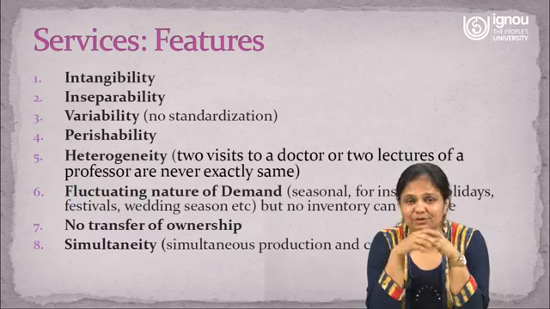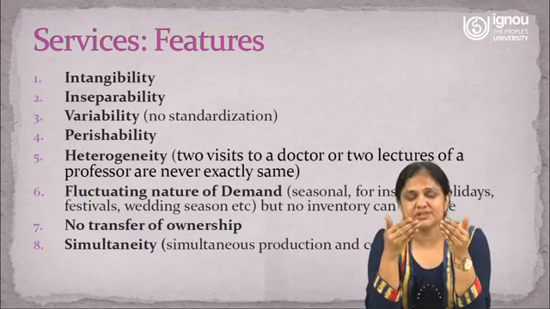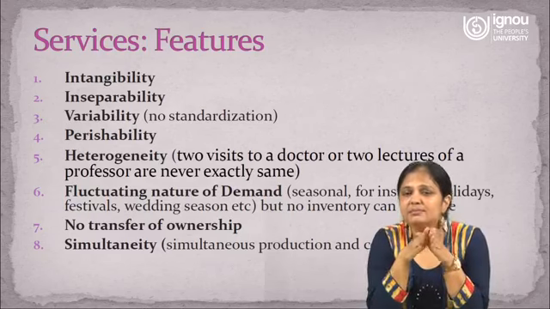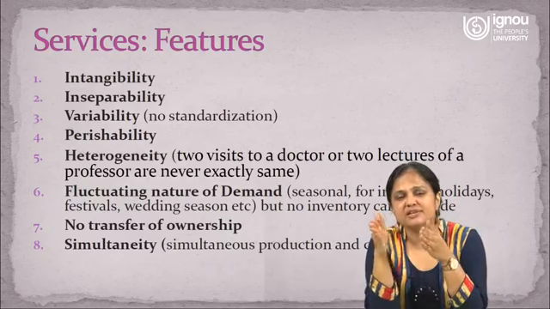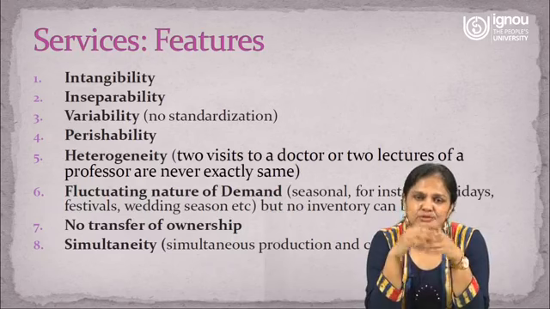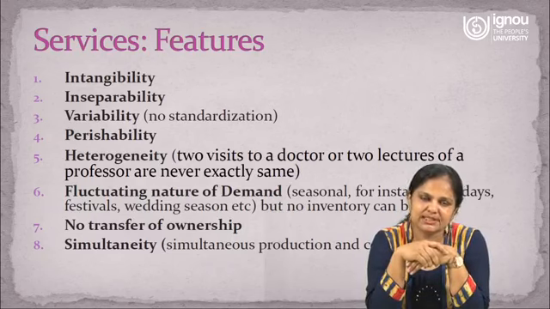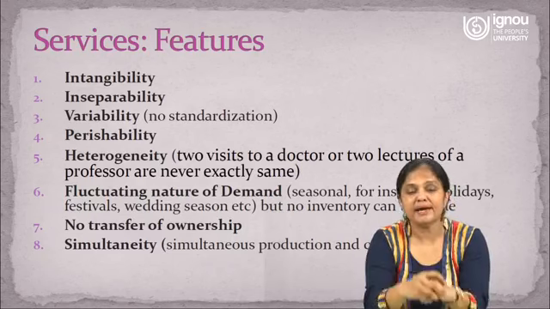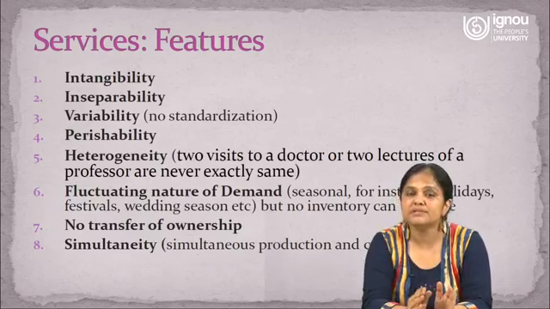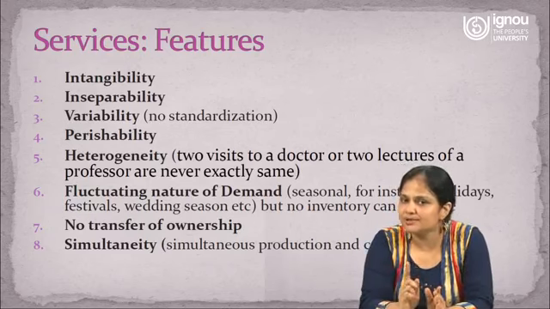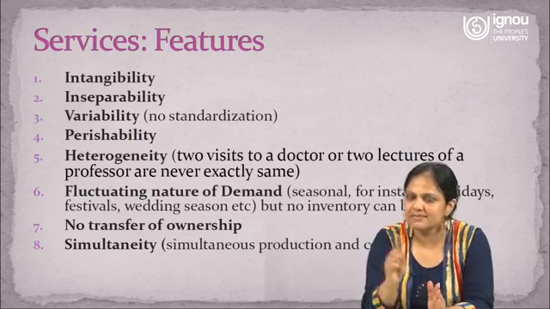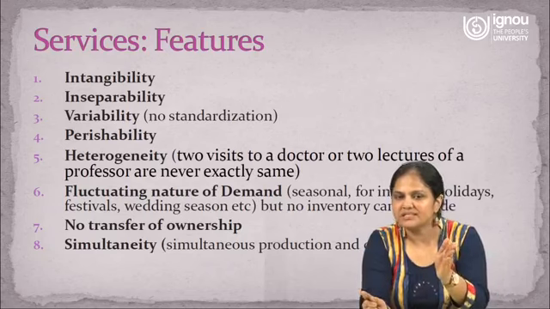But again, although they have fluctuating nature of demand, inventory cannot be kept for this. So we have to have different kind of marketing strategies to deal with this kind of commodities. And no transfer of ownership. When you are buying a commodity or service, the ownership is transferred from the seller to the consumer, but here ownership is not transferred. You are only providing the services, but it is vested with the service provider.